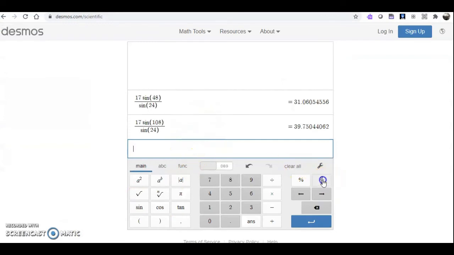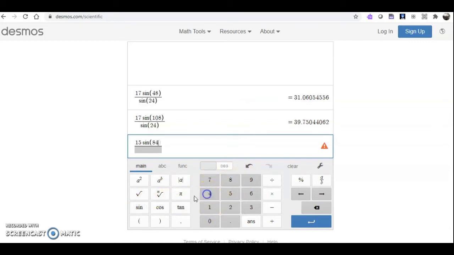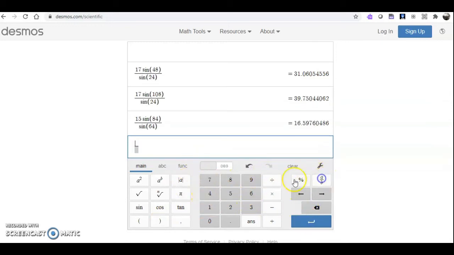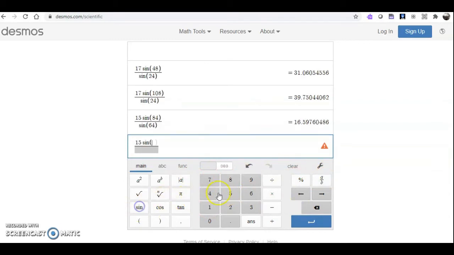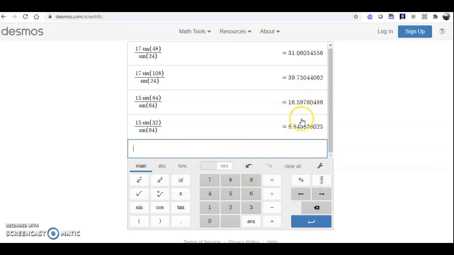So in the calculator, fraction, so it was 15 sine 84 divided by sine 64, and 16.60, and then 15 sine of 32 divided by sine of 64, 8.84.